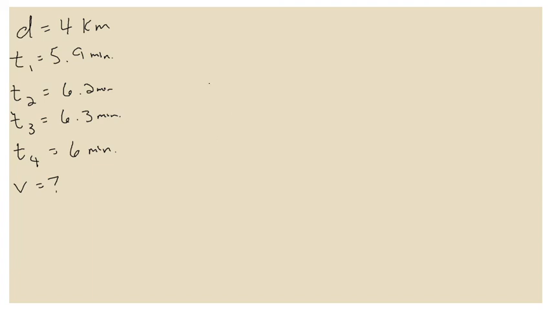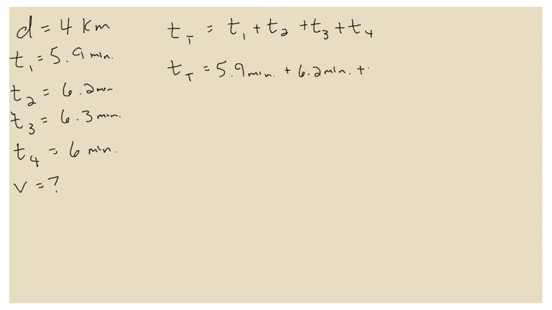So the first thing we'll do is we'll just go ahead and find that total time. And so we have the total time is 5.9 minutes plus 6.2 minutes plus 6.3 minutes plus 6 minutes. Notice time is a scalar, so we just add them. That's pretty straightforward. And when we do that, we get 24.4 minutes.